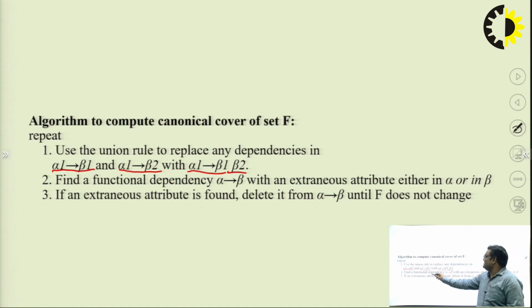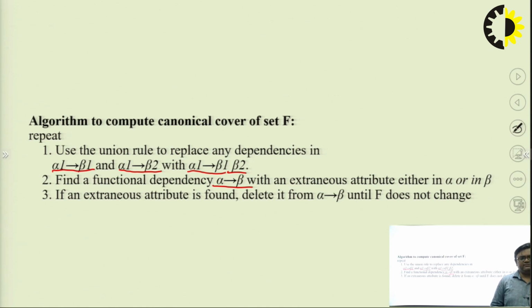Find a functional dependency alpha to beta with an extraneous attribute either in alpha or in beta. If we have any extraneous attribute, we have to find it in alpha or in beta.